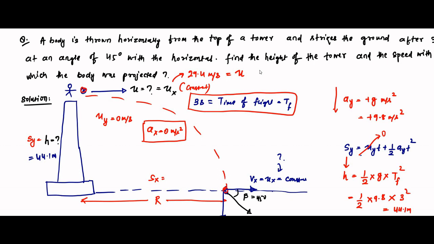Here we have calculated the height of the tower, which is 44.1 meter, and the initial projection velocity, which is equal to 29.4 meter per second. Okay, so this is the thing.